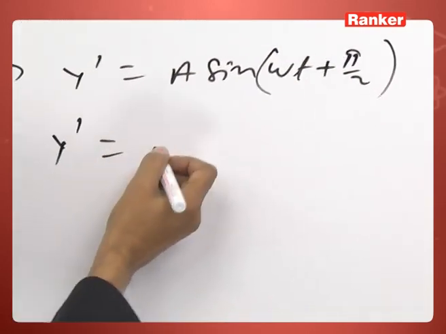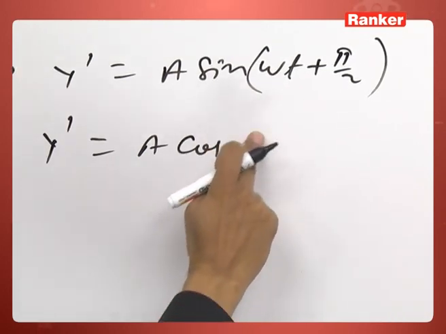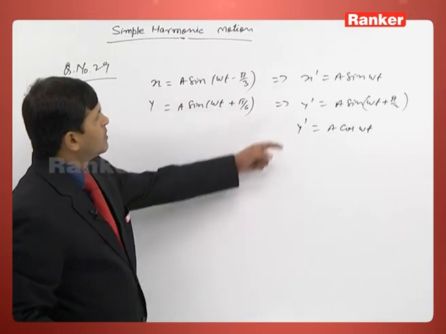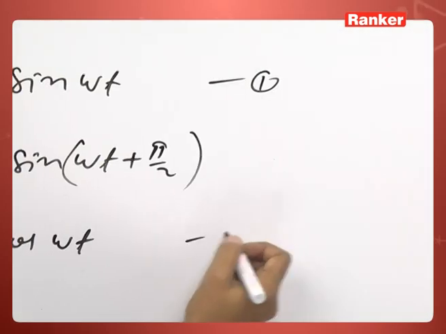So y dash is written as a cos omega t, like this. Now from first and second, let this be your first and second.